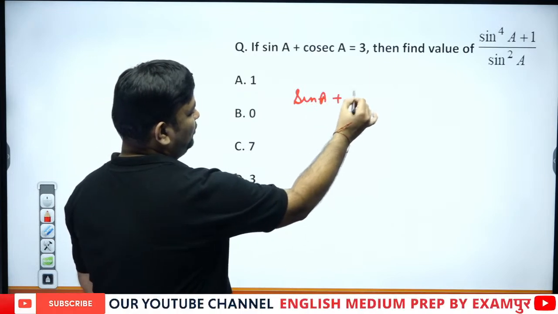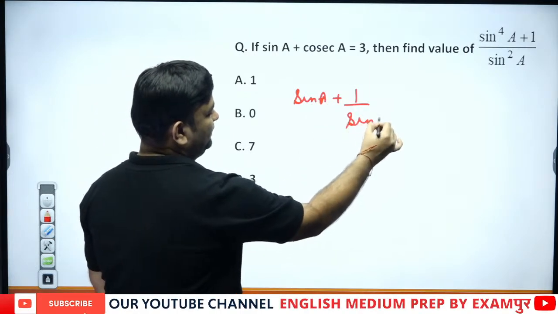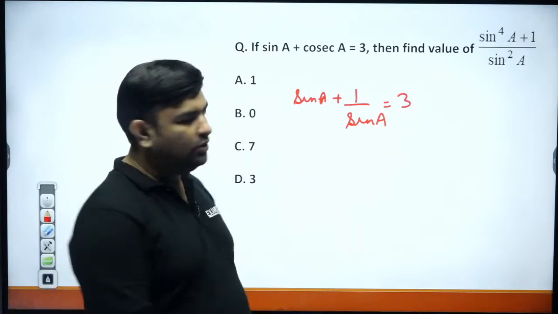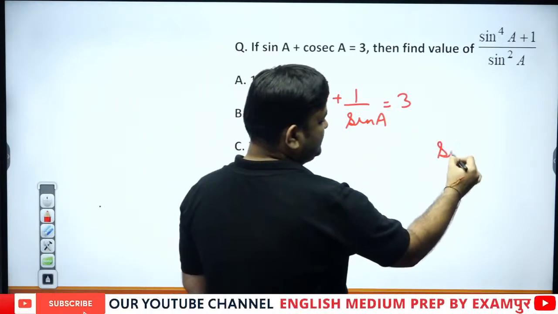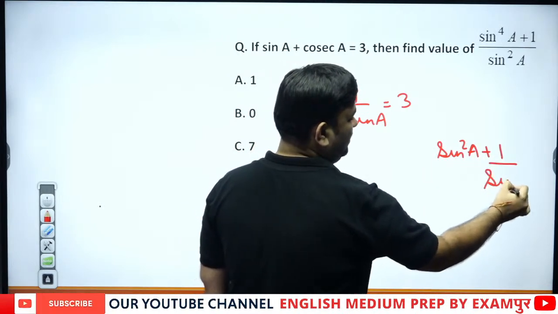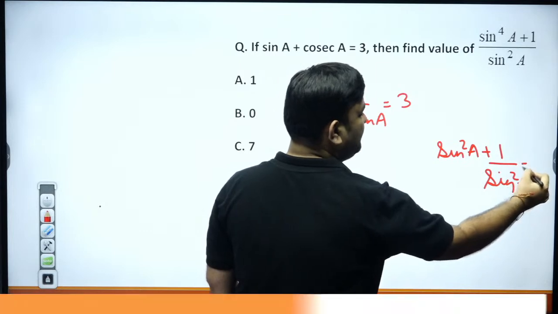Sin A plus 1 upon sin A is equal to 3. What is sin square A plus 1 upon sin square A? I think this is a question of algebra.